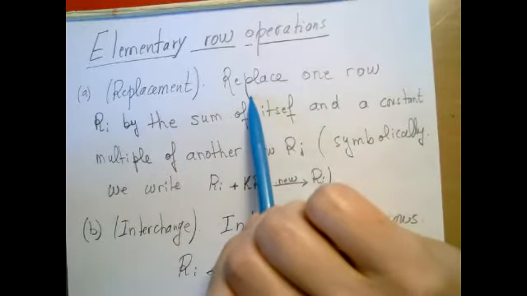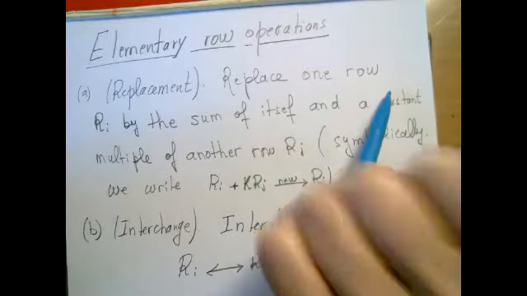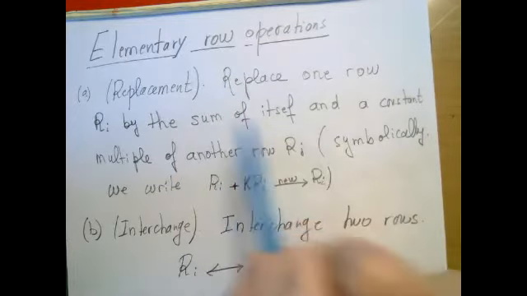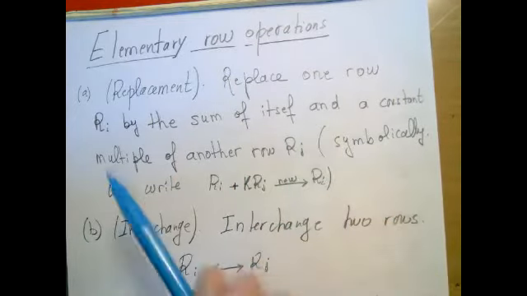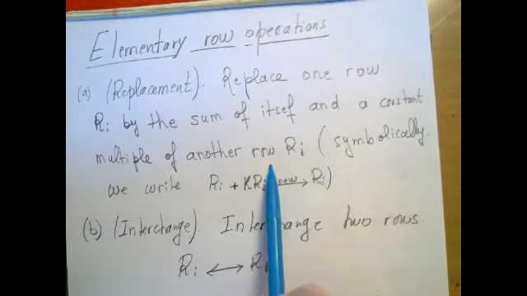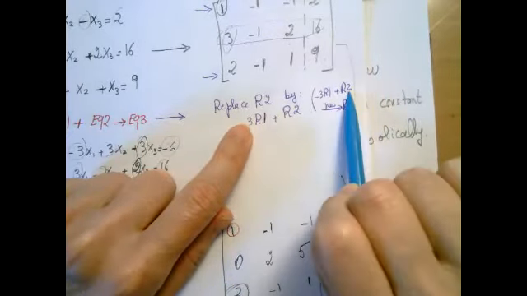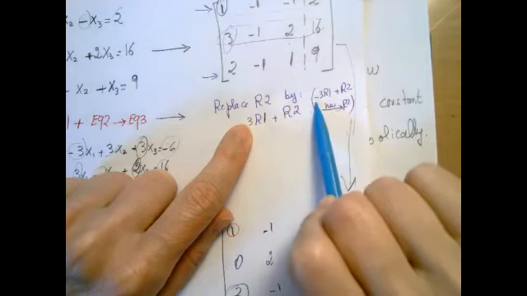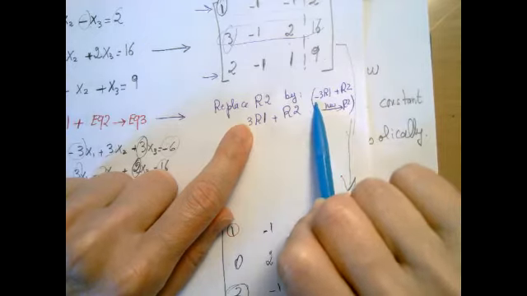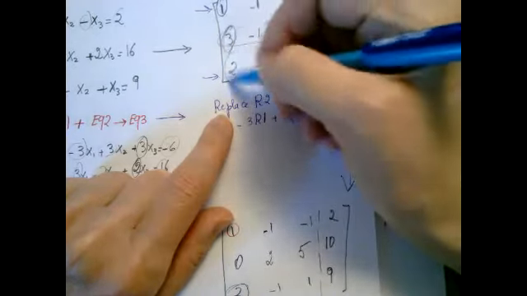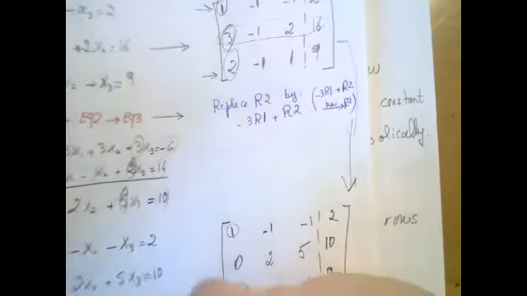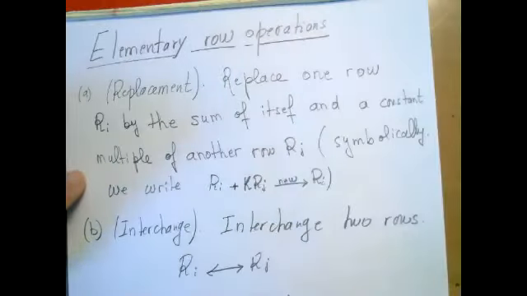It means replace one row by the sum of itself and a constant multiple of another. This operation performed on the row was absolutely crucial. This operation will help me to eliminate x1s and x2s. That's called an elementary row operation.